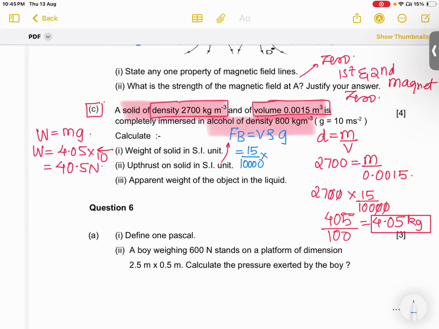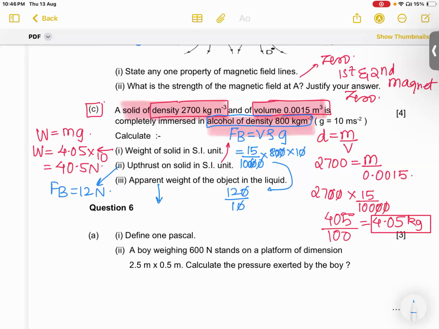Density of liquid is given to me, that is 800, multiplied by the G which is given. So three zeros will get cancelled, 1, 2, 3, 1, 2, 3. 15 into 8. 15 multiplied by 8 is 120. So students, if I solve this, this is 120 upon 10. That 0 also gets cancelled. I'm getting FB as 12 Newton, guys.